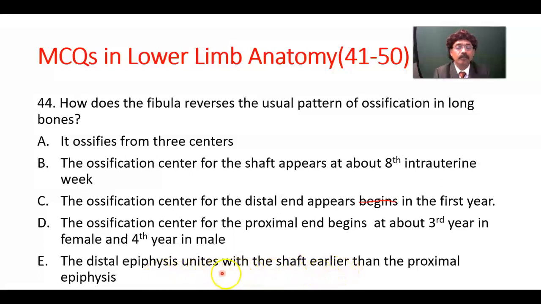So the distal epiphysis unites with the shaft earlier here than the proximal epiphysis. This is the reverse of the usual pattern of ossification of the long bone. So the answer is E. It should not be earlier, it should be later than the proximal epiphysis.